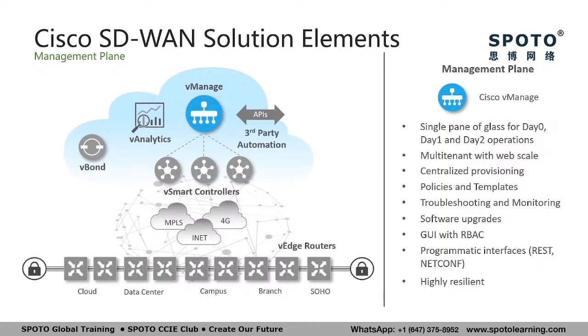These interfaces can also be used to extract performance statistics collected from the entire fabric. Performance statistics can be exported into external systems or to the Cisco vAnalytics tool for further processing and deep insight.